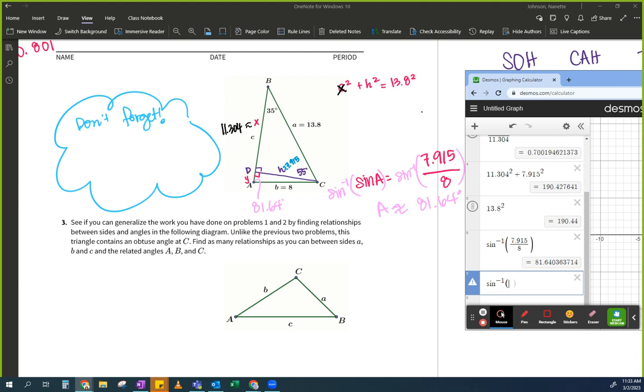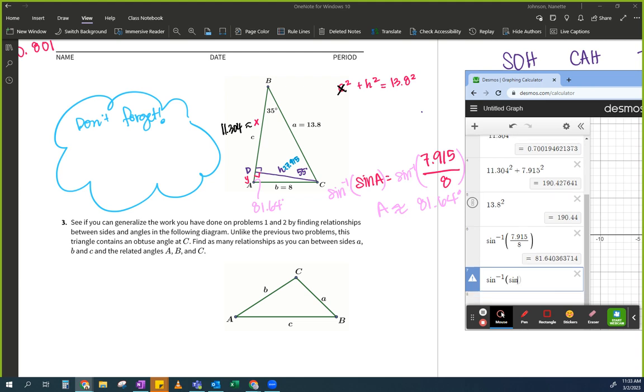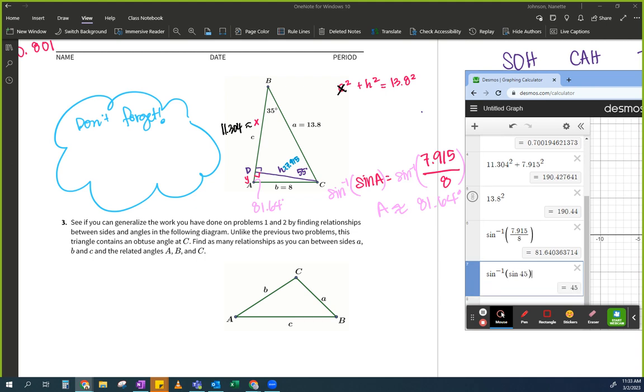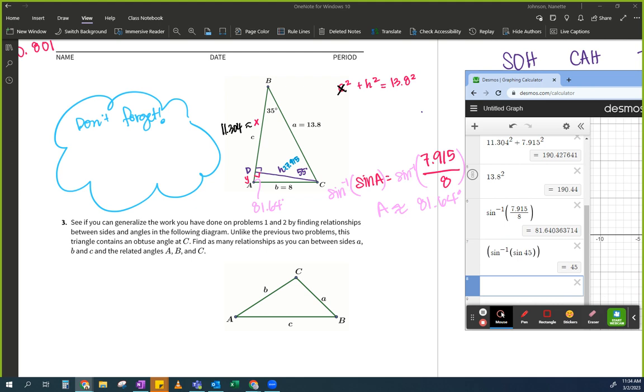Moving too fast. Okay, sine inverse of sine of 45 degrees. Does everybody see what happens? What did you see happen there? What happened right here?